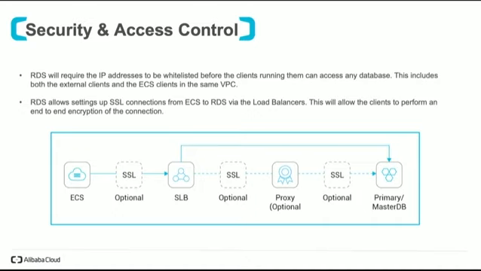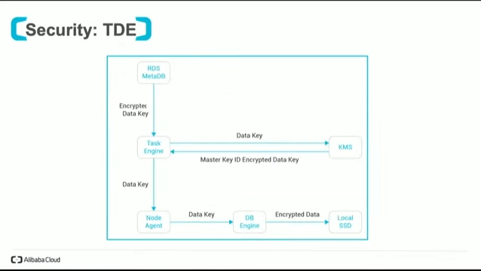Now, in terms of access control, as mentioned in previous slides, we already asked you to whitelist your IP to access the database. Also, you can enable SSL for transmission encryption. We would also recommend you to use our transparent database encryption feature. What this does is our key management service will generate a key for you, and this key will encrypt your database at rest.